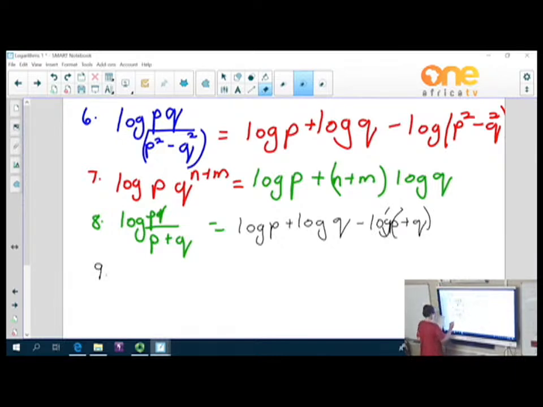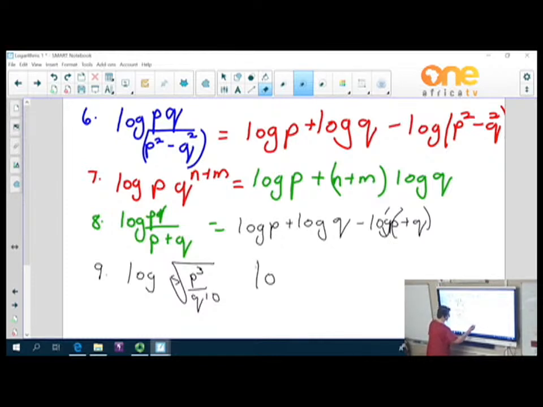Number 9, log, now we've got that square root there, we must just apply our rules. It's the 5th root of Q to the power of 10. So let's just simplify it there first. So it's log, and then it's 3 over 5, so it's P to the power of 3 over 5.